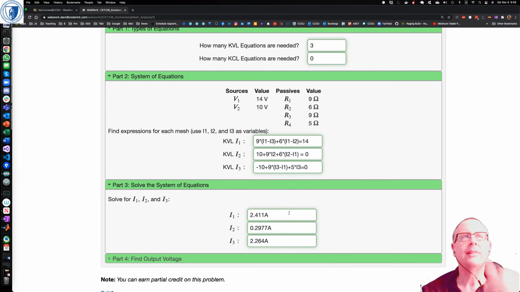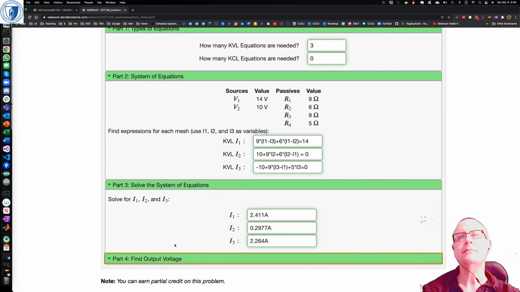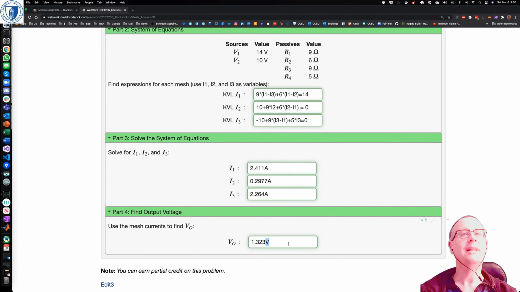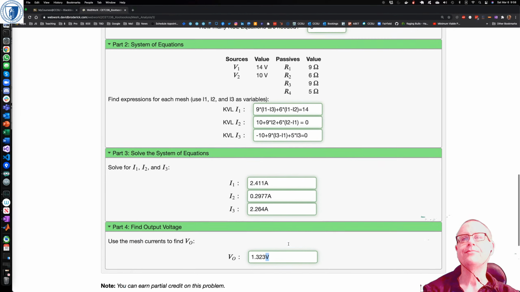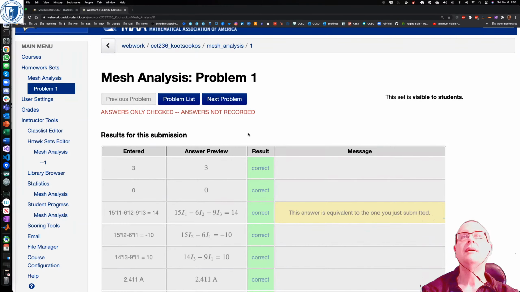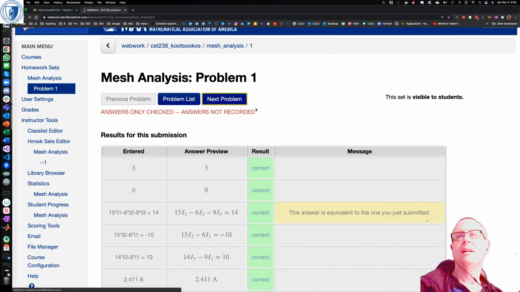Here it's amperes, and in the other one it's volts. And again here the answer is V out, and it gives us in voltage. Okay, so that's that one.